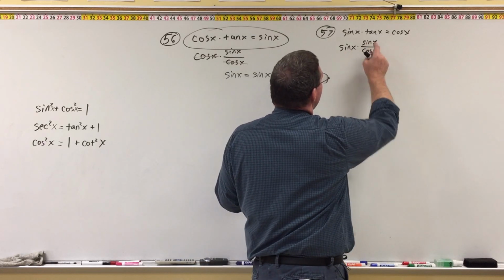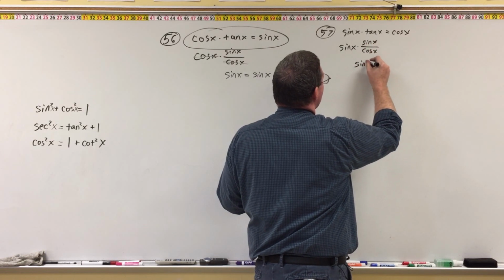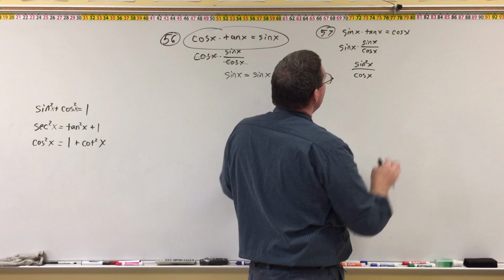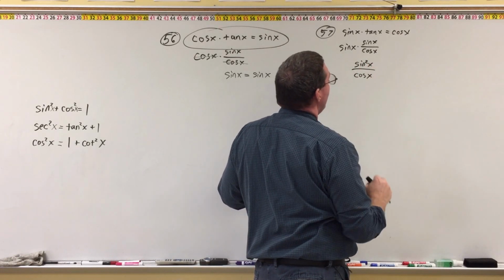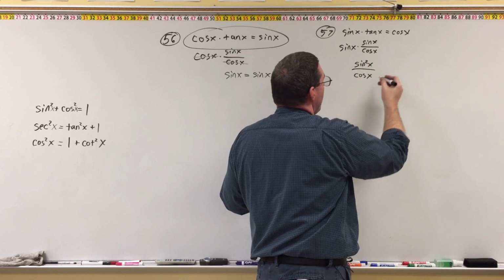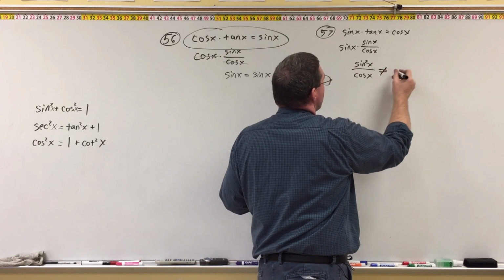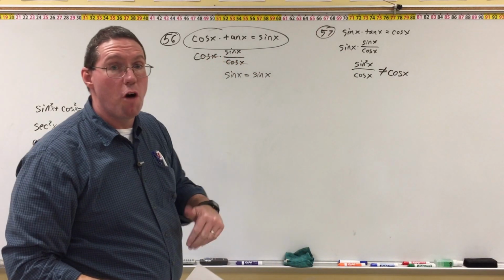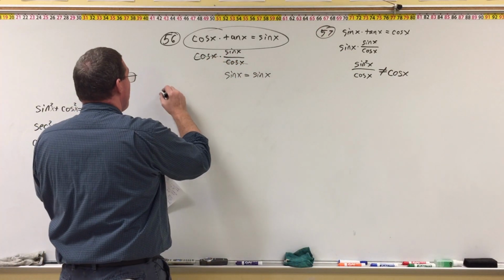Now here, sine of x times sine of x, that gives us sine squared of x over cosine of x. In order for all this to be equal to cosine of x, we would need cosine to be on the top and we'd need the sines to cancel, and they're not doing that. And therefore, this is not equal to cosine of x, and therefore, 57 is false. Let's go to 58.